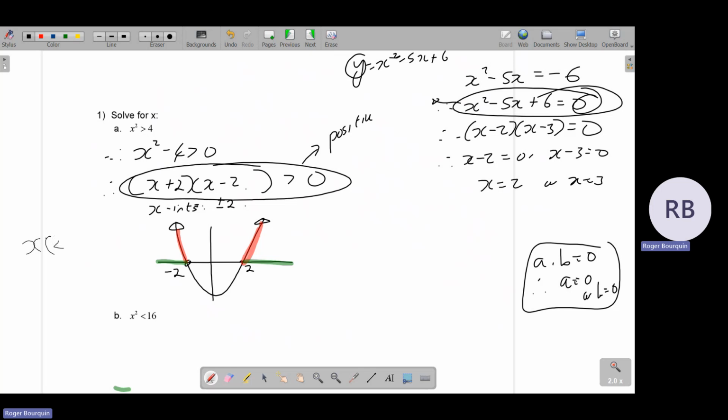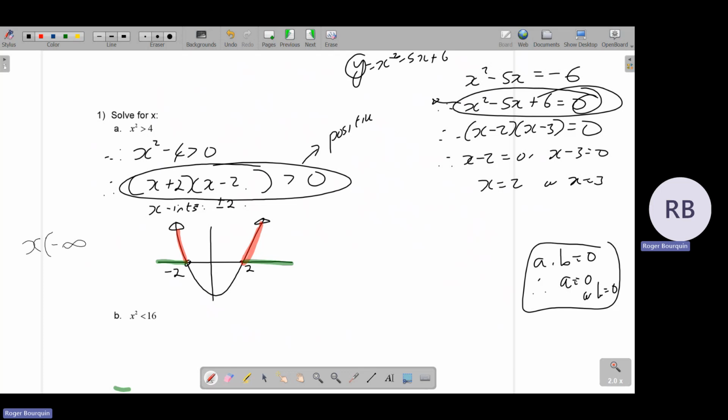Are they bigger than negative 2? No, so x is going to be smaller than negative 2. If you write it in interval notation, then you have to put the element symbol. So let's see what we are doing.